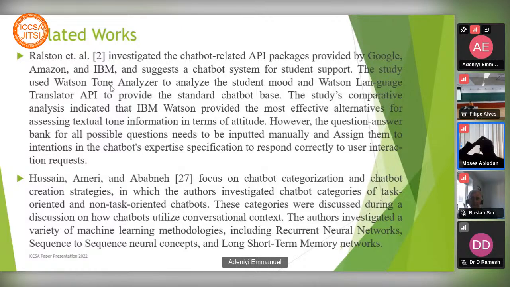However, the question and answer bank for all possible questions needs to be inputted manually and assigned to intentions in the chatbot to respond correctly to user interaction. Uzain and others also focused on chatbot categorization and creation strategy, investigating task-oriented and non-task-oriented chatbots, and a variety of machine learning methodologies using neural networks, sequence-to-sequence, natural language, and others.